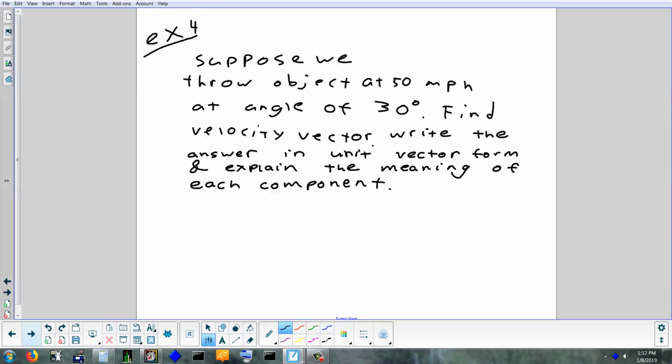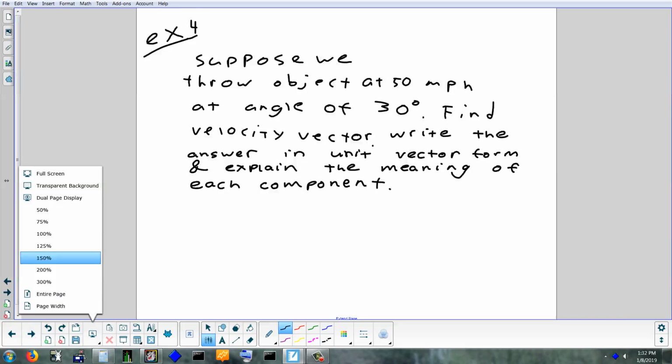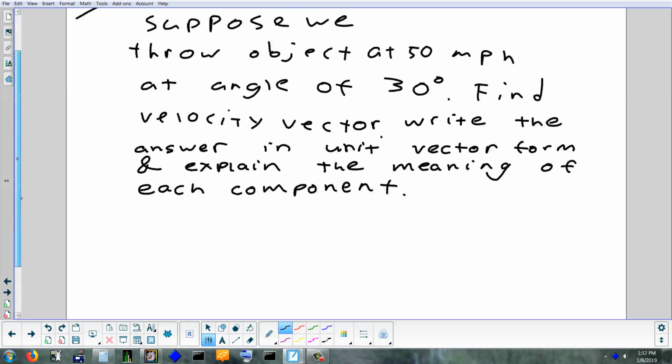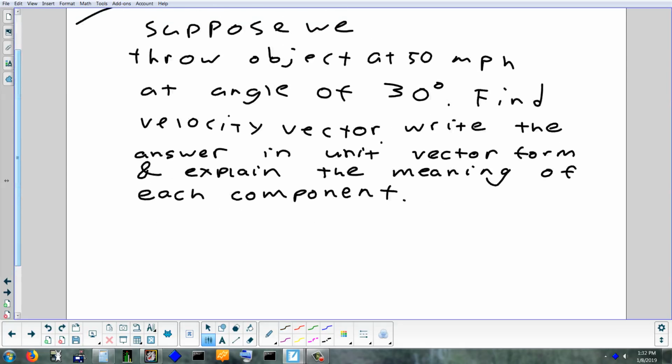Okay. So it says we've got an object being thrown at 50 miles an hour at an angle of 30 degrees. Find the velocity vector. And then after we find it, I just want to know what each number means. Okay, so when I write a velocity vector, what's the first thing you write down?